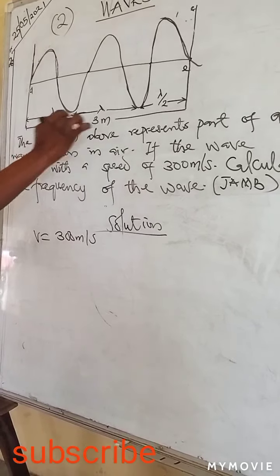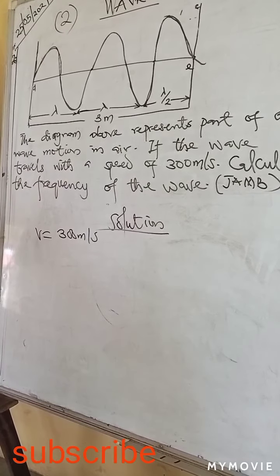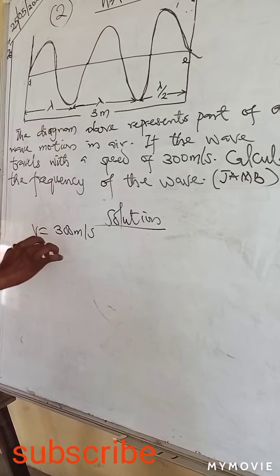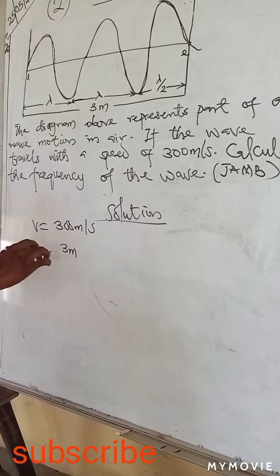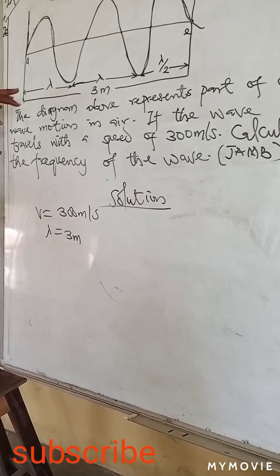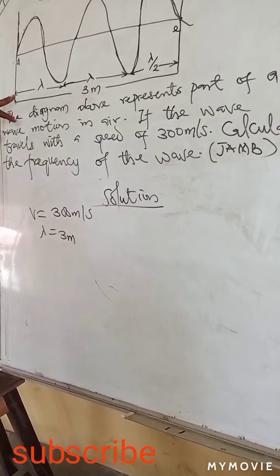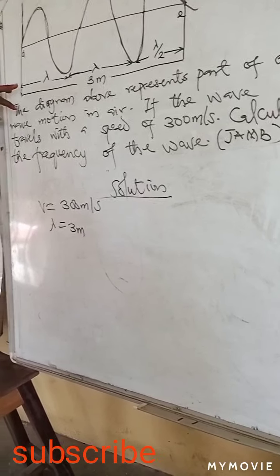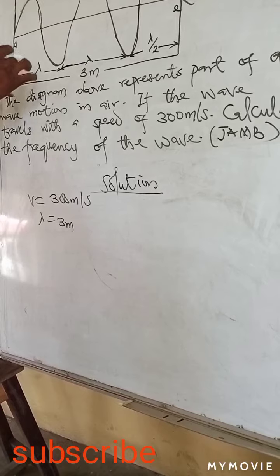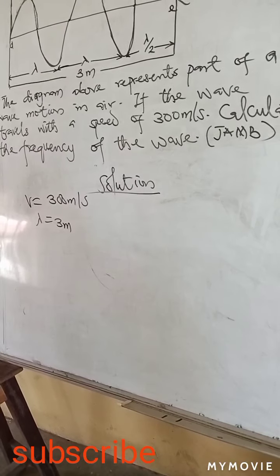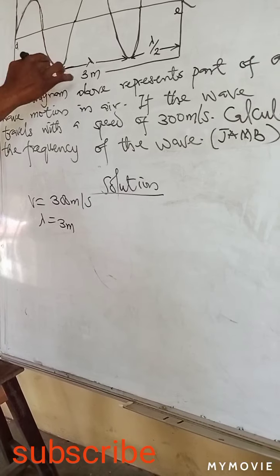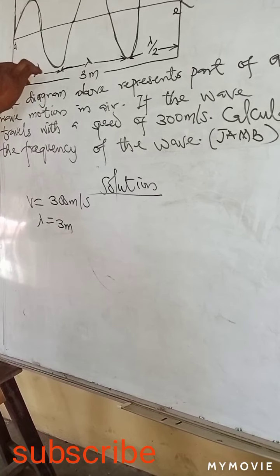That is the wave distance, which you can as well call wavelength, as 3 meters. And if you look at it again, we're given another distance, that is the distance between successive crests. The distance from this crest to this crest is given as the wavelength.